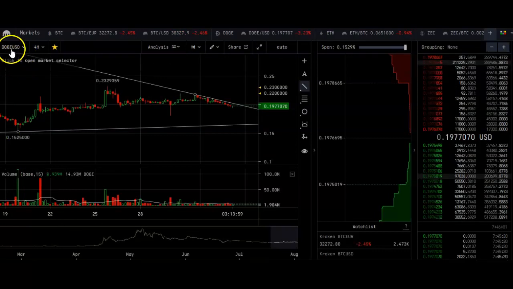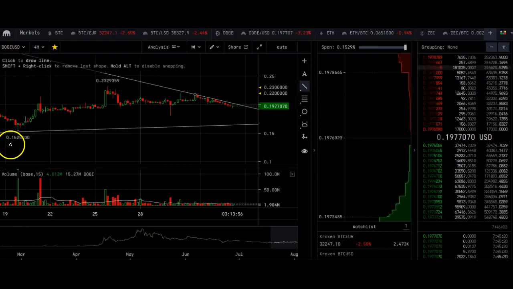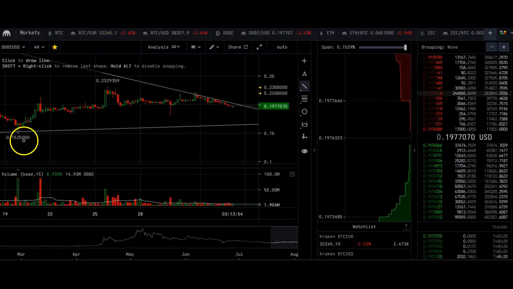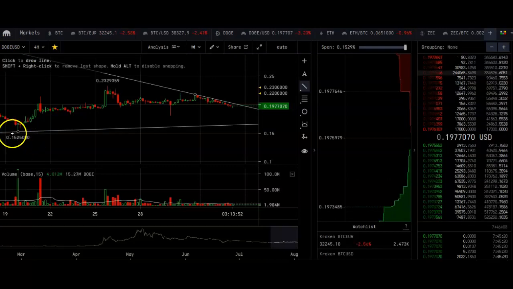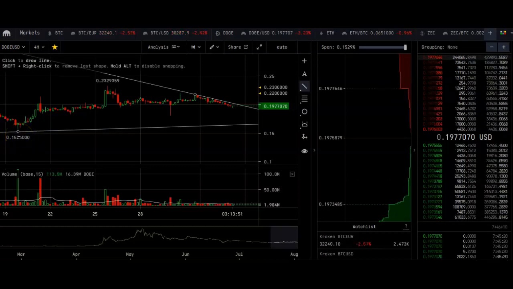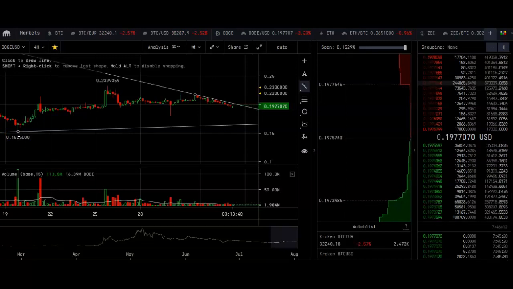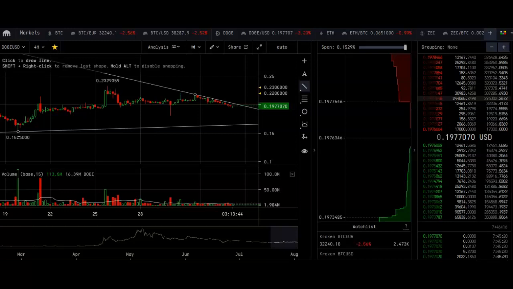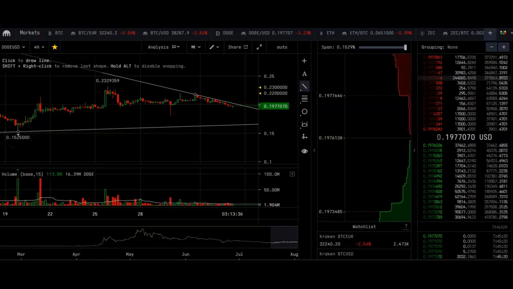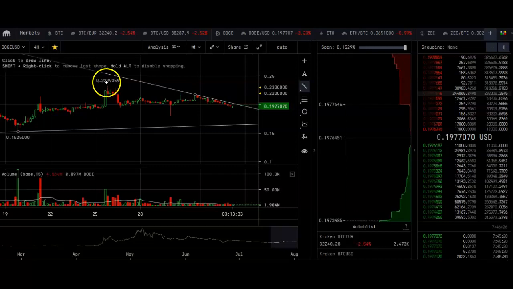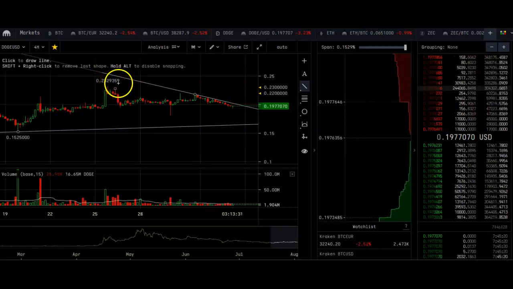And if you go to Doge's chart, you can see that 0.1525000 was the low point of Bitcoin, where it came back down to the support lines at 29,288.6. Okay, this is the same bottom, only this is on Doge's chart, and then it went up to 0.232939.